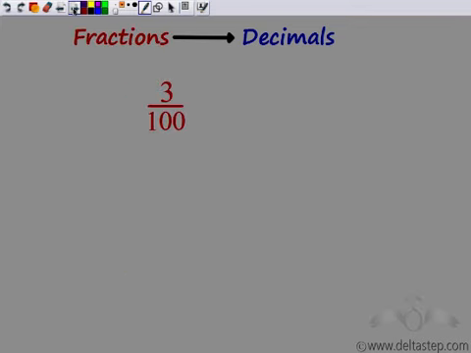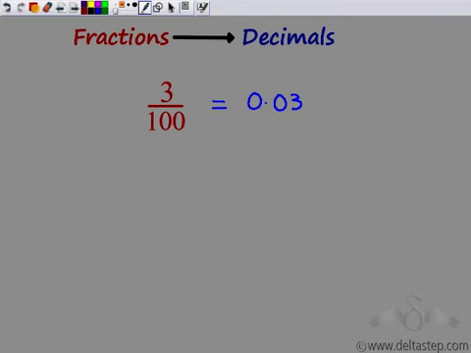Now let's look at fractions. So I have a fraction which is 3 by 100. I want to convert this to a decimal number. Now we'd already seen that this represents the number 0.03. 3 by 100 is the same as 0.03. Now how do I get this?